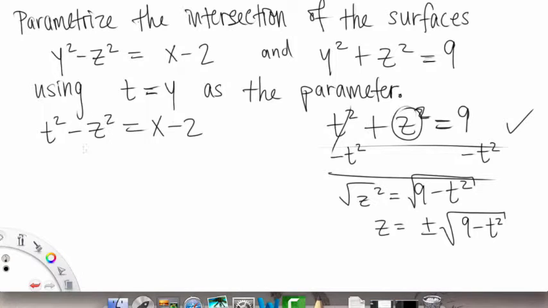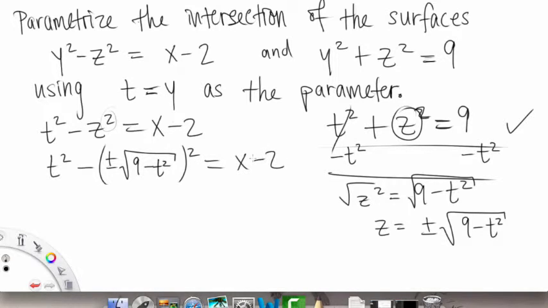Now let's plug it into the left equation. So we have t squared minus z squared, and in for the z spot we're putting plus or minus radical 9 minus t squared, and then squared, equals x minus 2. At this point, we're narrowing it down so that we get x in terms of t.